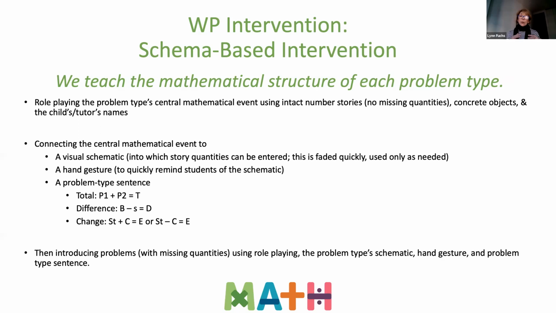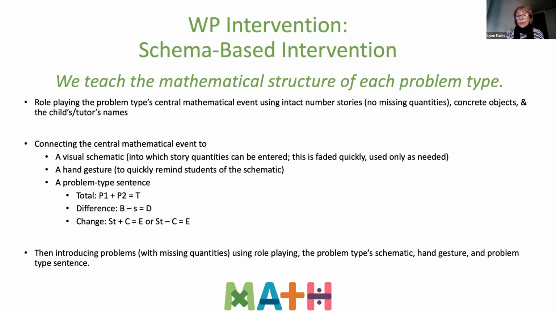And what we do is we gradually move from direct experience with that mathematical event to different kinds of representations. So we move to a visual schematic of what that problem type is about, into which story quantities can be inserted to illustrate the connection between the quantities for that mathematical event.